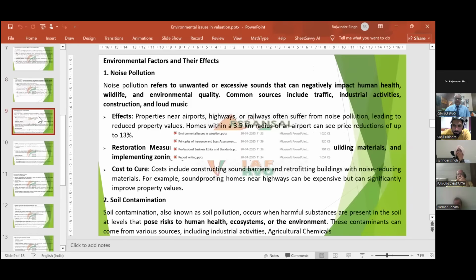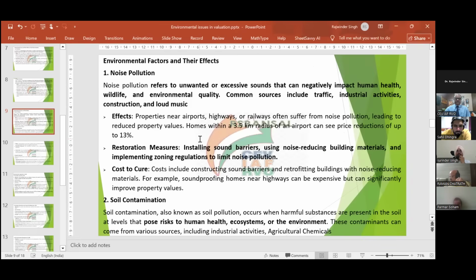Then other environmental factors and their effects. Noise pollution. What is noise pollution? Basically, noise pollution refers to the unwanted or excessive sounds that can negatively impact human health, wildlife, and environmental quality.